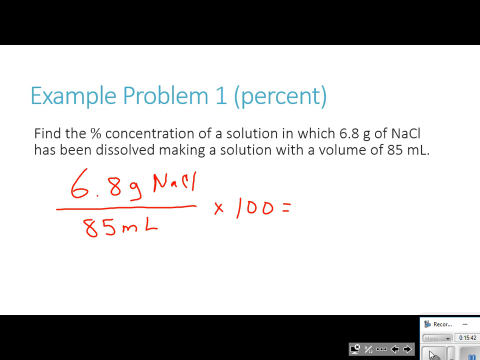So I take the 6.8, divide it by 85, multiply that number by 100, and it looks to me like I have two significant digits. So I am going to get 8. Does that sound right? Okay.